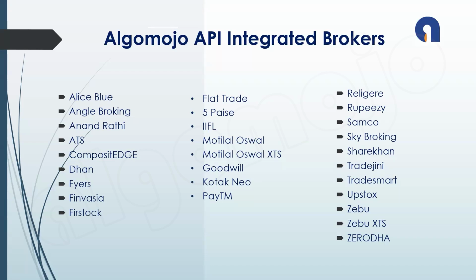All large broking houses are available for you to use the platform to automate your strategies, not only for trading but even for investment purposes. It's not just for intraday or swing trading in equities, futures or options. You can use this platform for trading or investment in equities also.